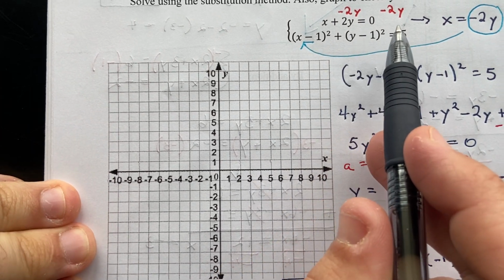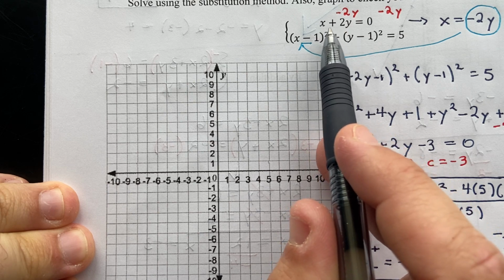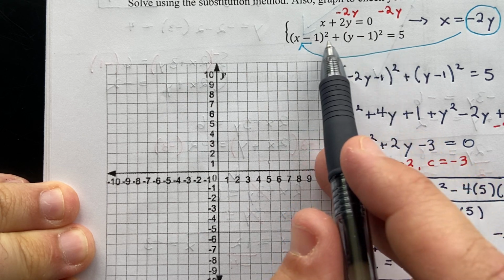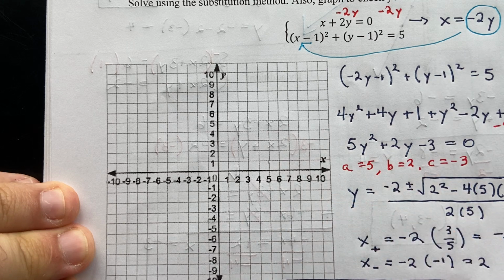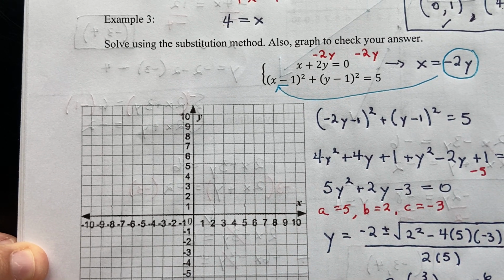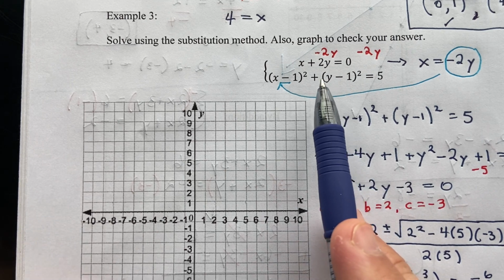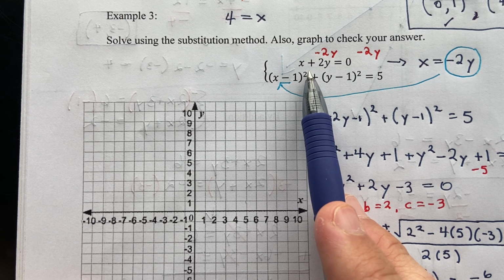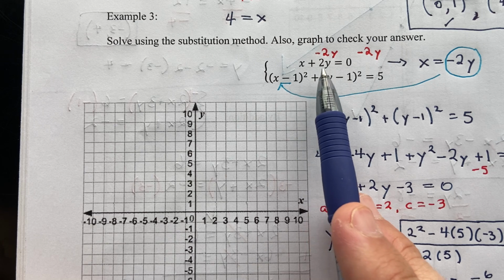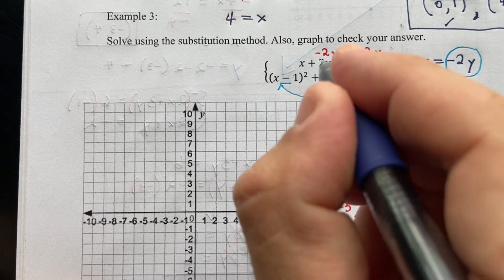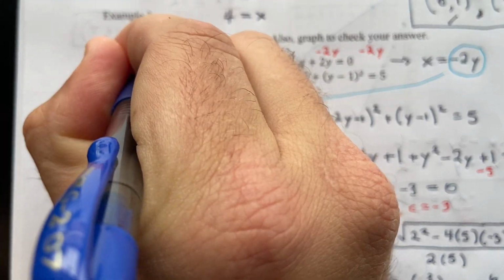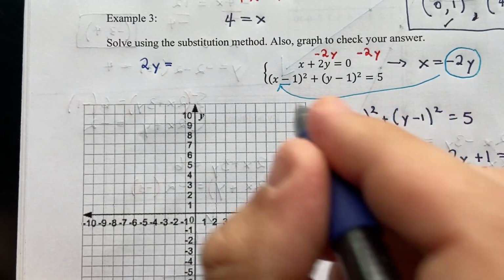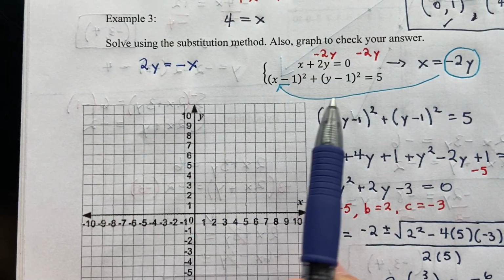So what I'll do is I'll graph this line, and then I'll graph what appears to be a circle. So in slope-intercept form, I would want to subtract over the x. So we'll have 2y equals -x, right?